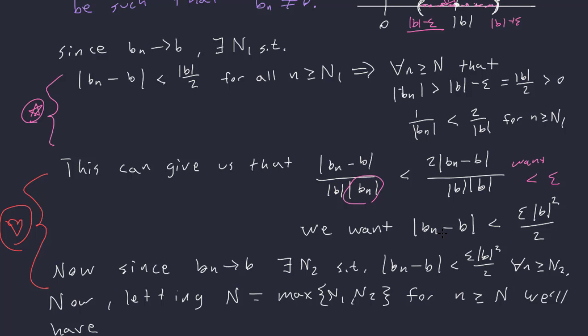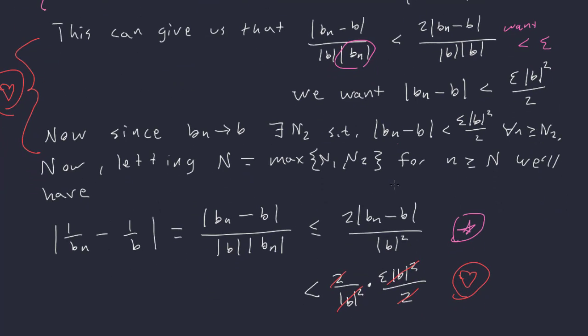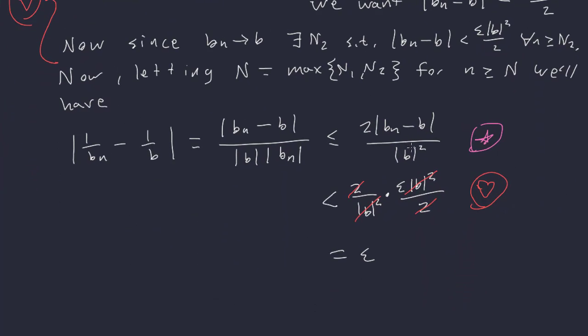So we had to do both in this particular example. Now that we have this thing less than epsilon, this implies that 1 over bn converges to 1 over b. And that completes the proof of all of the parts of the algebraic limit theorem.